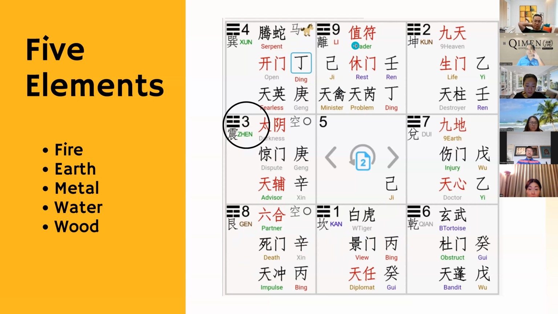Basically, for every one of the English symbols, there is already a color. It's a cheat sheet to tell us which box belongs to which element. We look at the number below, there is a particular color that tells us the element. Box number 2 is earth. And 7, this particular DUI is a gray color, which is metal. And 6 is also a QIAN, gray color, also metal.